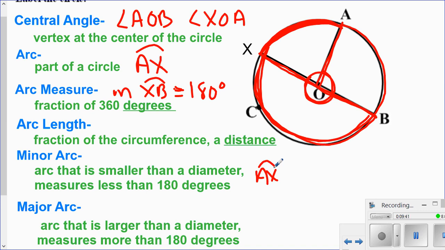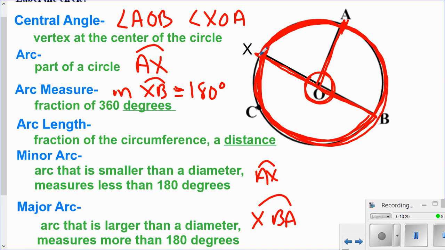But if I said that it was arc XBA, that indicates that I'm starting at X, going all the way around to B, and continuing on to A. So here to here. Okay, stopping there, starting there. So that is a major arc because it's bigger than 180 degrees.